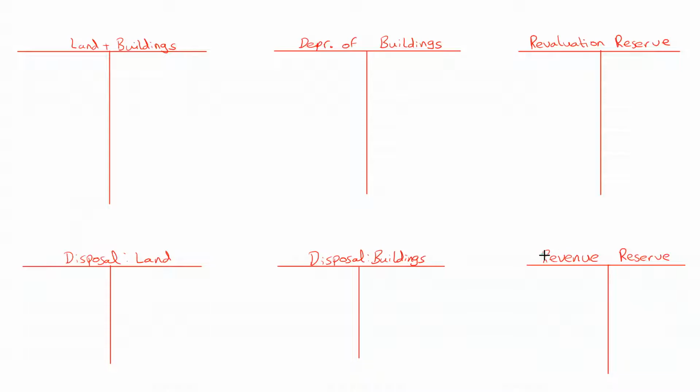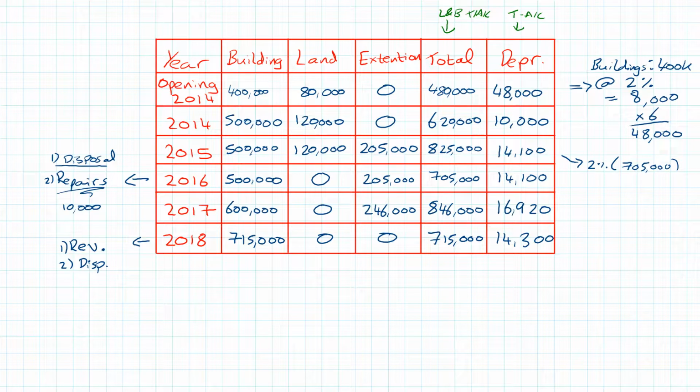So remember, at the revenue reserve, we can only realize our profits from a revaluation once we've sold the asset. So that's why we use that. So the other account that I'm missing is a repairs account. So we'll leave that until we reach year 2016.